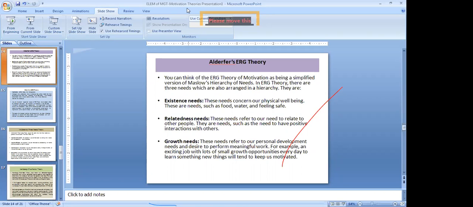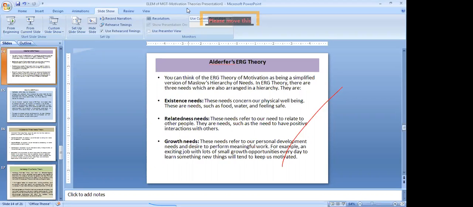While the physiological and safety needs of Maslow describe the need for food and also the need for safety, the existence element of Alderfer's theory also talks about the basic things that sustain life. So this is the similarity.